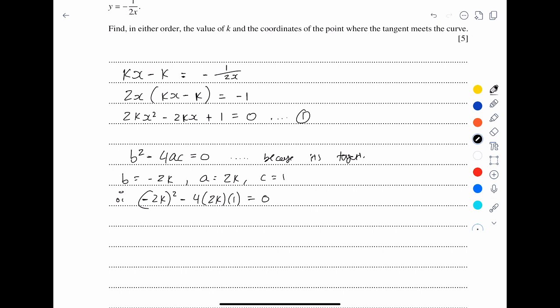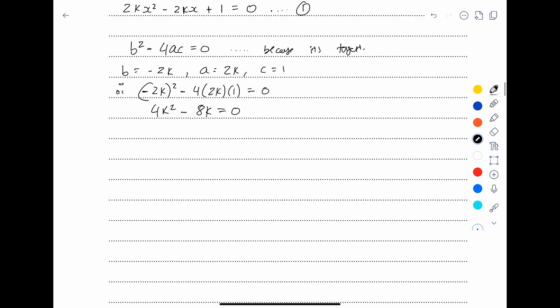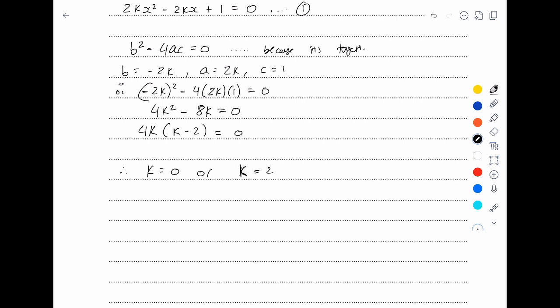Expanding this out, we get 4k squared minus 8k equals 0. Which means that 4k times k minus 2 is equal to 0. Which means that k equals 2 or k equals 0.